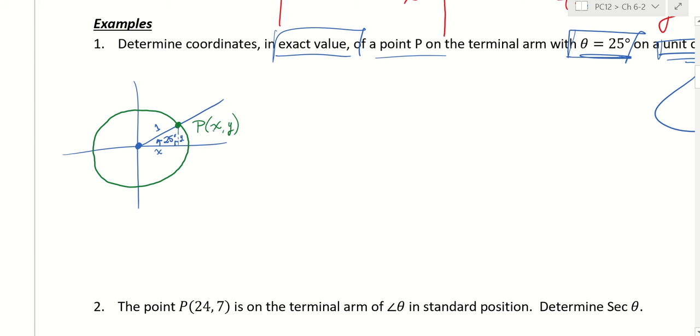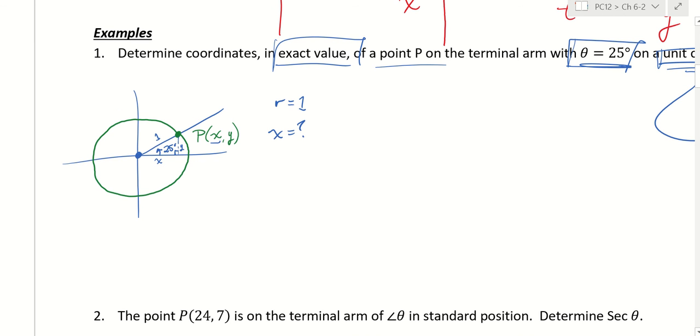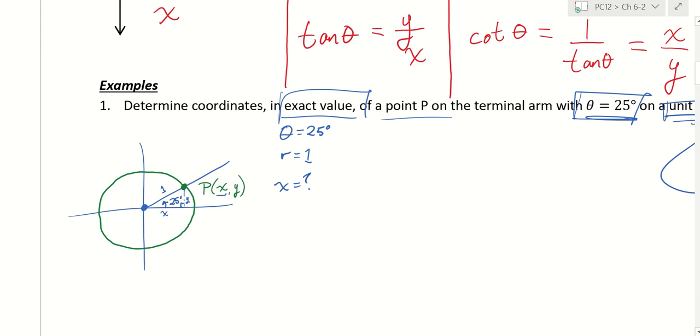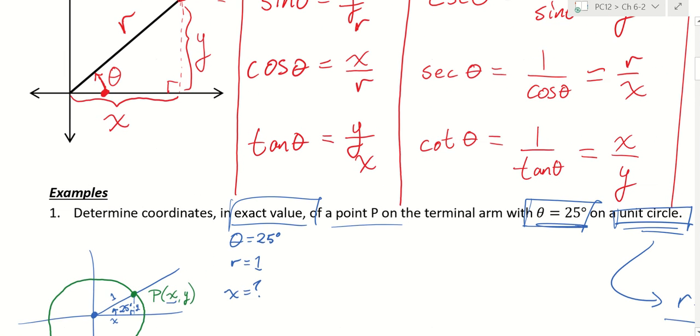So what can we do to determine the coordinates of point P? Well, let's start with x first. If we want to first determine the x coordinate, one thing we have is the fact that r is 1, and we're looking for x. And we have the angle, obviously. So which one of these ratios could we use?